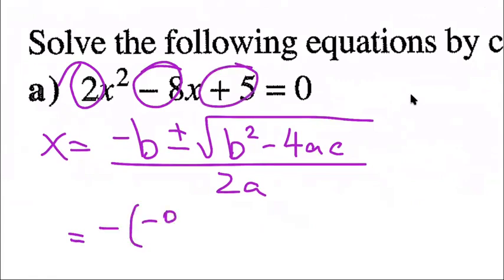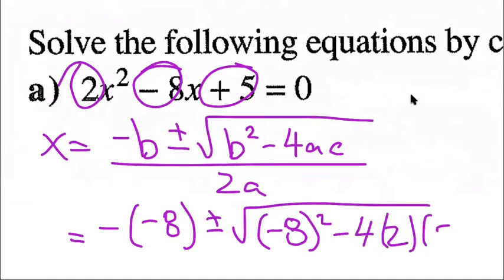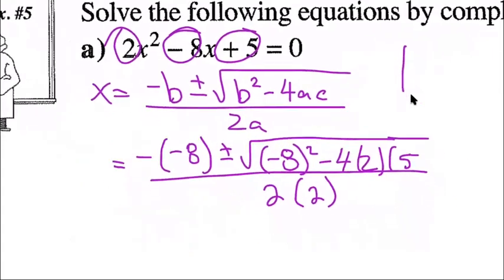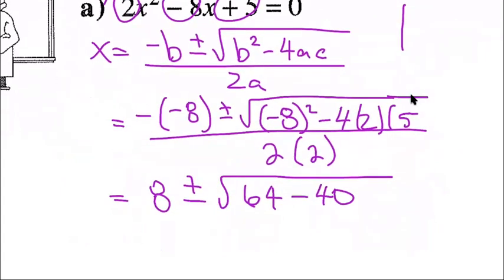Minus a minus 8 plus or minus the square root of minus 8 squared minus 4 times 2 times 5 all over 2 times 2. Simplifying a little bit, that gives me 8 plus or minus the square root of 64 minus 8 times 5, 40, all over 4.